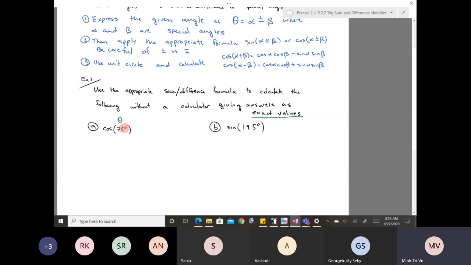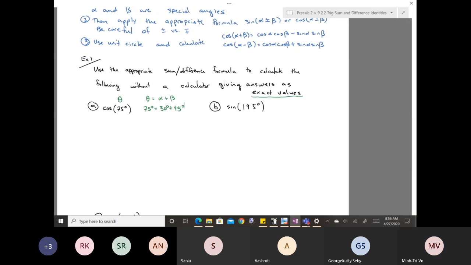So here theta is 75 degrees. I can write theta as alpha plus beta, so 75 degrees is 30 degrees plus 45 degrees, and these two are special angles.